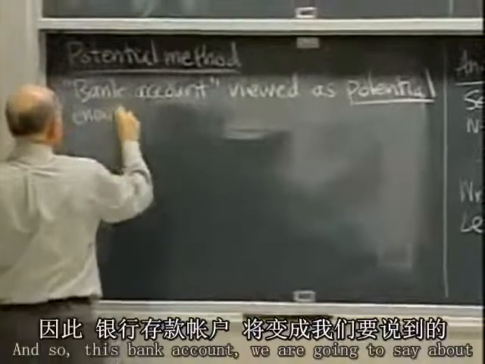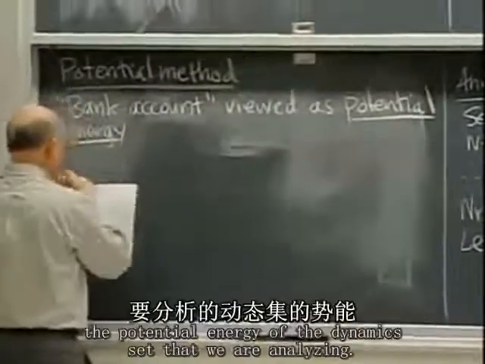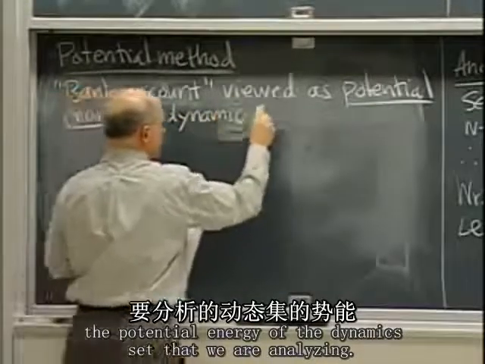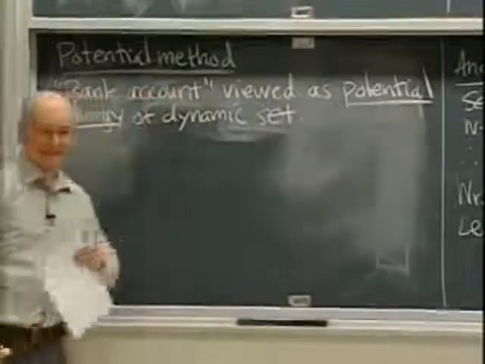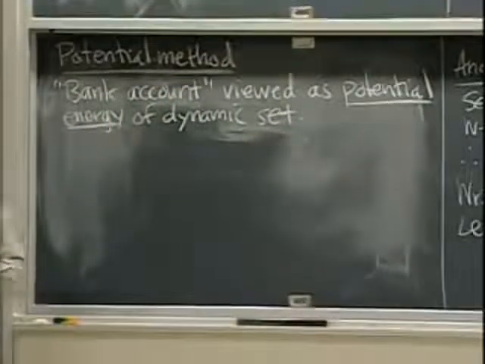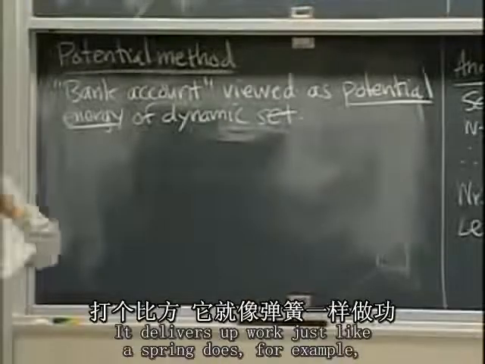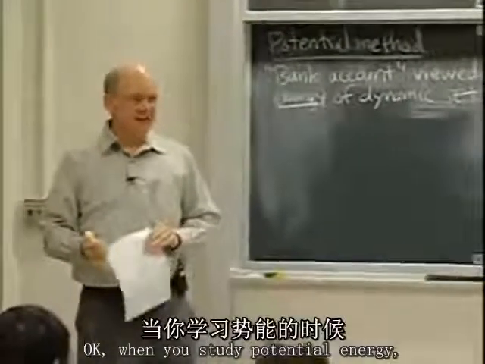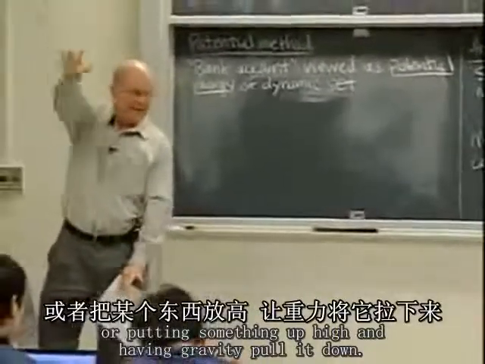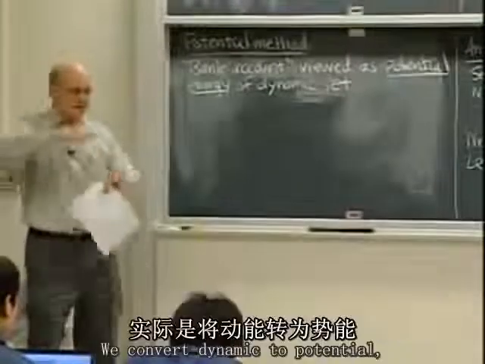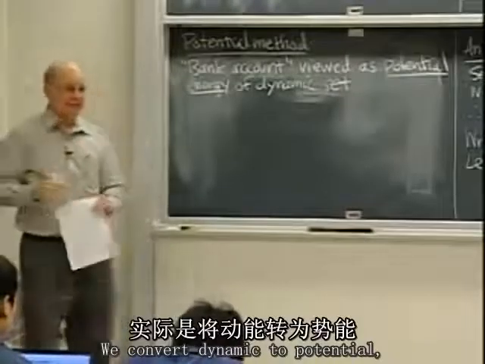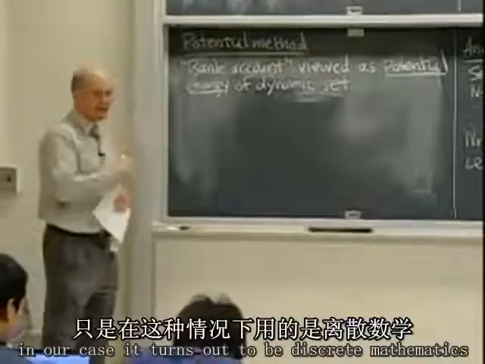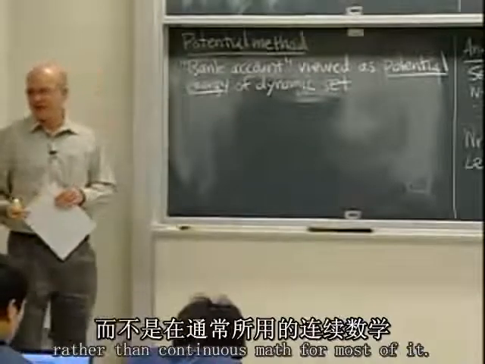So this bank account, we're going to say, is the potential energy of the dynamic set that we're analyzing. Why? Because it delivers up work, just like a spring does, for example. When you study potential energy, you put something up high and gravity is able to pull it down. We convert dynamic to potential, and that's exactly what we're going to be doing here. It's similar mathematics, except that in our case it turns out to be discrete mathematics rather than continuous math for most of it.